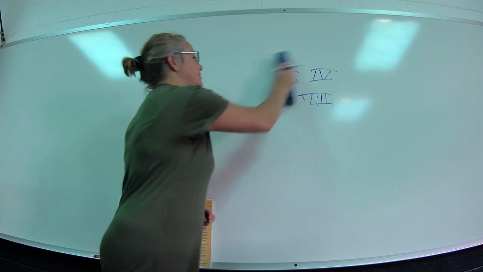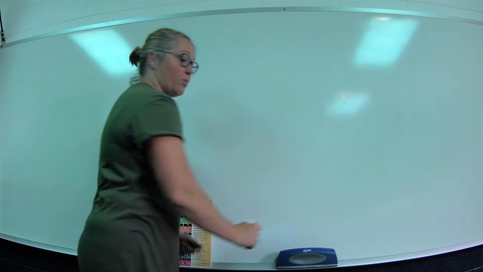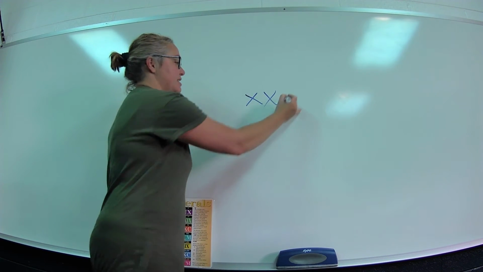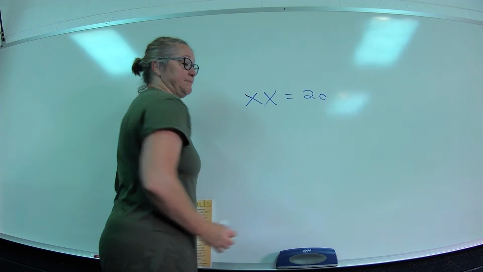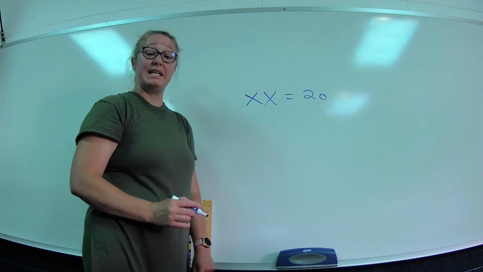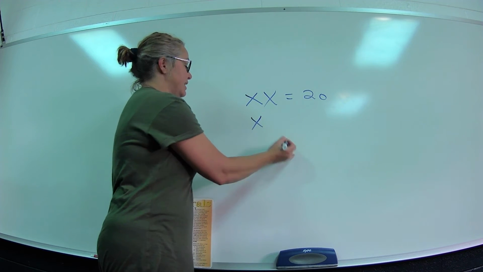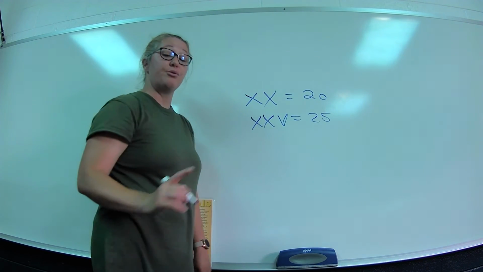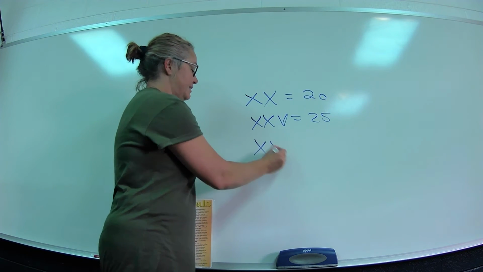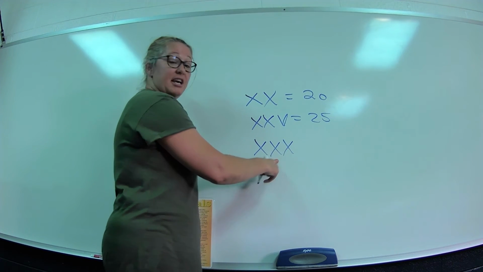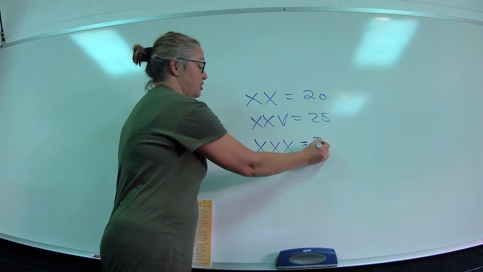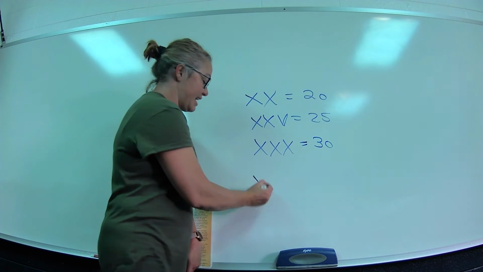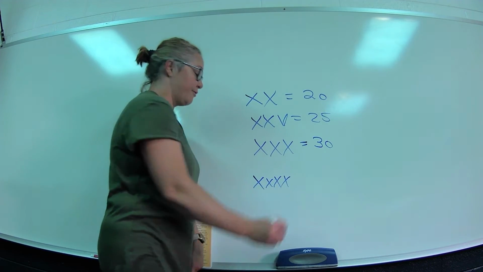All right, so what if we wanted to do 20? We can do 20 from 10 plus 10, so that would equal 20. If I want to do 25, 25. Now, if I want to do 30, XXX, 10 plus 10 plus 10 equals 30. Now, if I want to do 40, I can't do 4 X's.